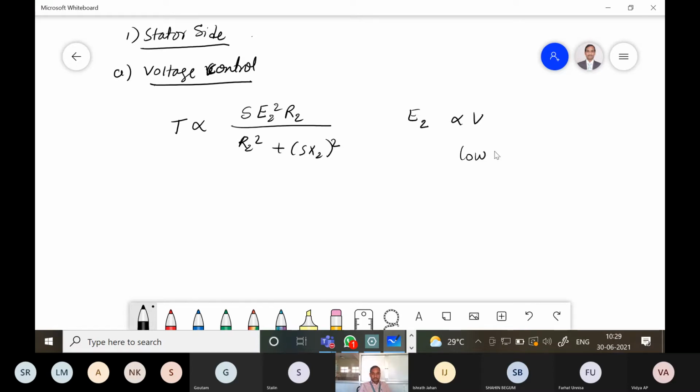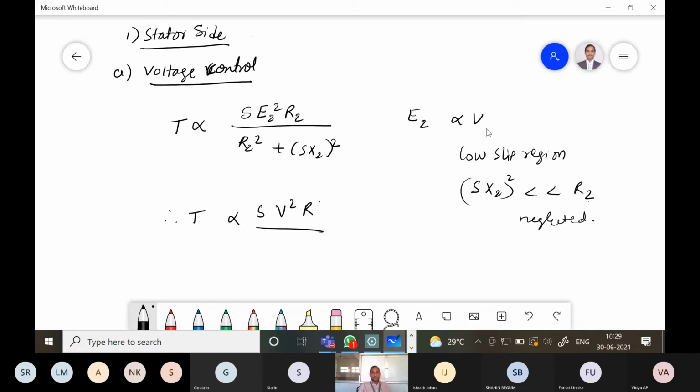Under the low slip region, SX2 whole square is very much less than R2, hence it is neglected. So therefore your torque is directly proportional to S into V square into R2.